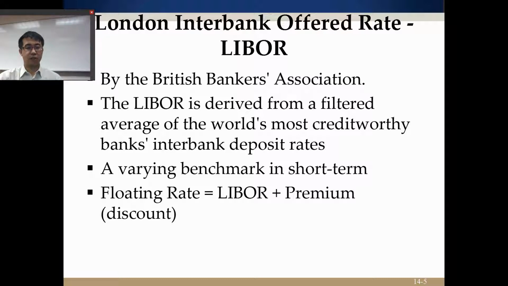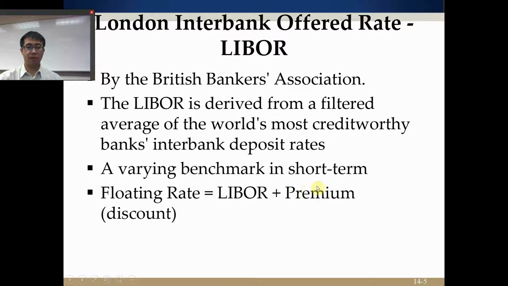And the floating rate basically is LIBOR plus a premium or a discount. So if a loan is issued and requires a floating rate interest, then the interest would definitely use LIBOR as the benchmark. If the loan is perceived as a very risky loan issued to a very risky party, then the interest payment will be higher.